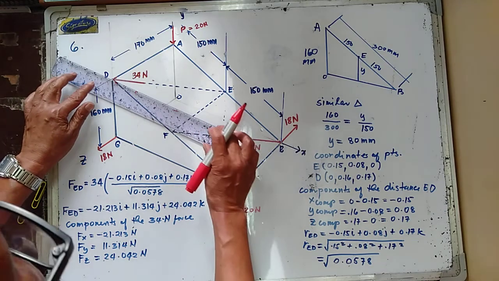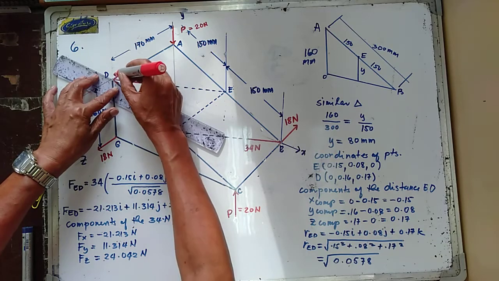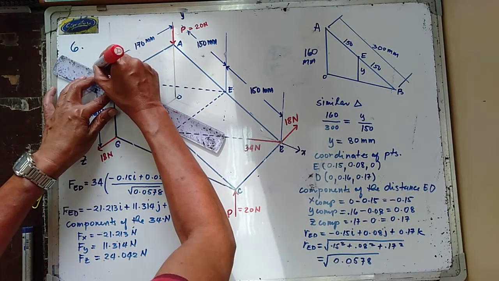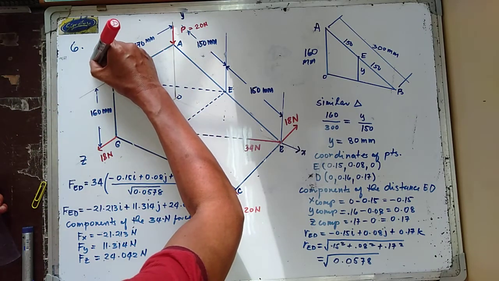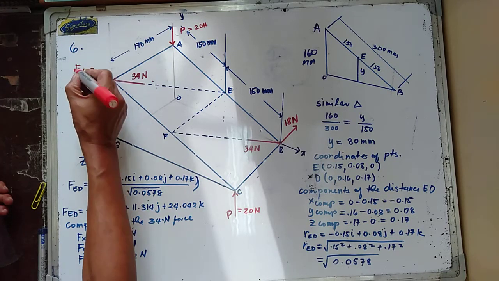Now, let us try to replace the 34 Newton force by its components. So parallel to the x-axis, I'm going to resolve the component at point D. Parallel to the x-axis is your Fx.